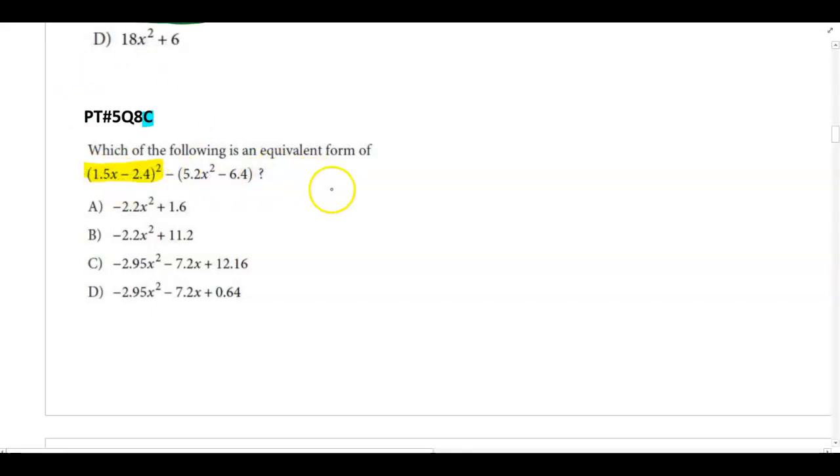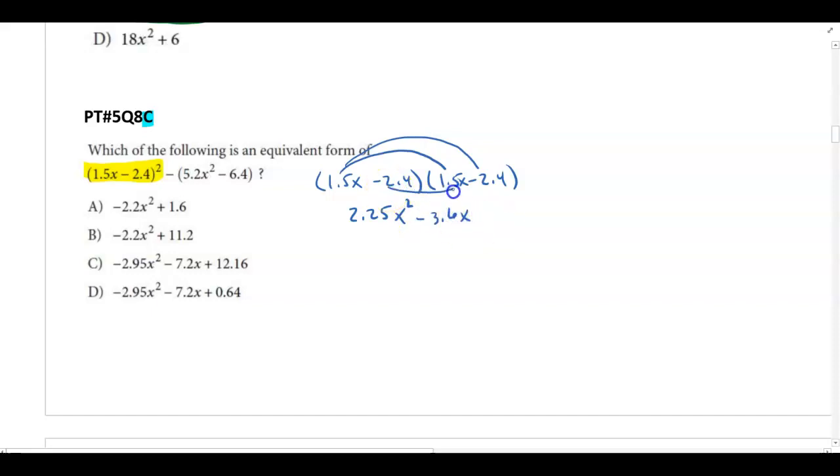So my first step is to write it out, because I'm going to square it, meaning I'm going to multiply it by itself. 1.5x times 1.5x gives you 2.25x squared. Then 1.5 times negative 2.4 gives me minus 3.6x. Then I'm going to get minus 3.6x.